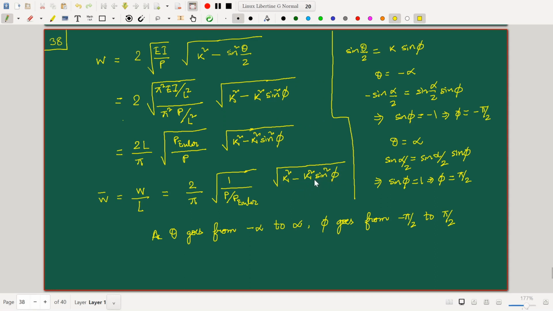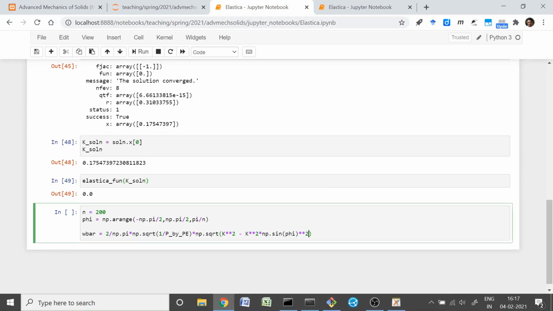I mean, I could have converted that into a cos. That would have been easier, I would have just ended up with k cos phi. Anyway, I've already written it.